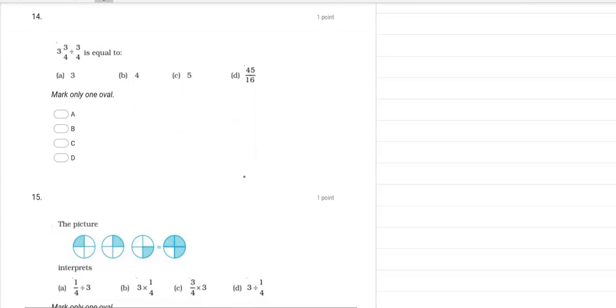Question number 14. 3 by 4 divided by 3 by 4. So we have a mixed fraction divided by a normal fraction. So first convert the mixed fraction into normal, that is 4 3s are 12 plus 3, 15 upon 4 divided by 3 upon 4. We have done in chapter number 2 how to solve these kinds of questions.